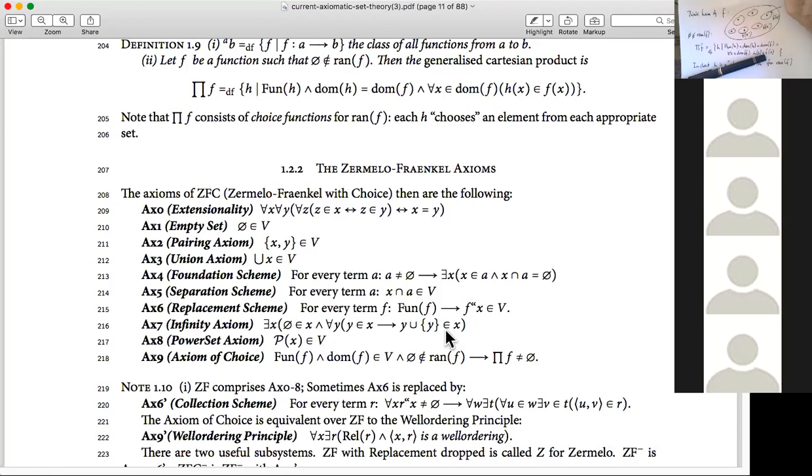That's what we call the number 1. Then 1 union singleton 1 gives me the number 2. 2 union singleton 2 gives me the number 3, and so on. So the infinity axiom just says there is a set that contains all of those gadgets. So it's an infinite set. It doesn't say it's exactly the set of natural numbers, but it's a set that contains them.